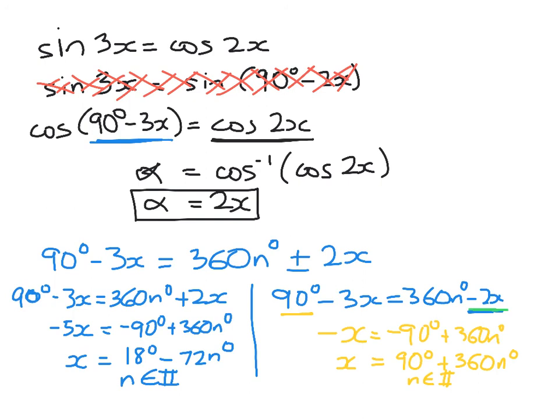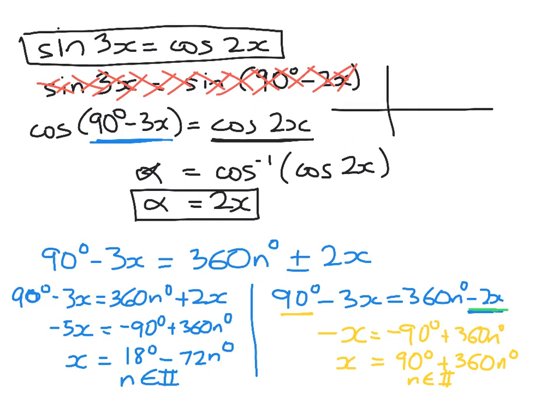So you can think about, I'll do it really roughly here, what's sine of 3x? Well, sine of 3x is a squished in sine function, right? It's going to have a period of 120 degrees instead of 360. So that's one cycle there. And then cosine of 2x is a squished in cosine function with a period of 180 instead of 360.